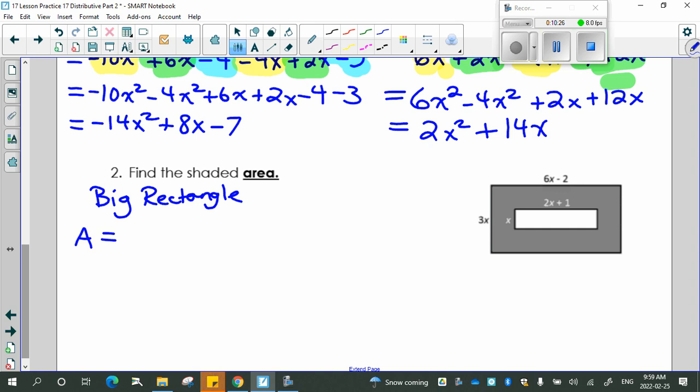So I've got 3x and 6x minus 2 to multiply together. I like to put the single term, the monomial, out front, and then the binomial inside the brackets, so that I remember to multiply the 3x by each piece. So I'm finding the area of the big rectangle right now.